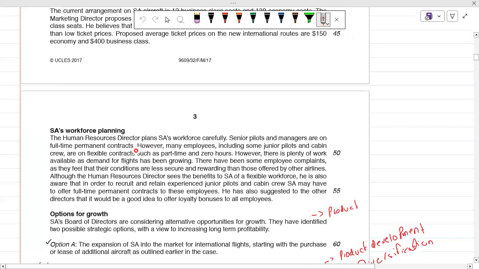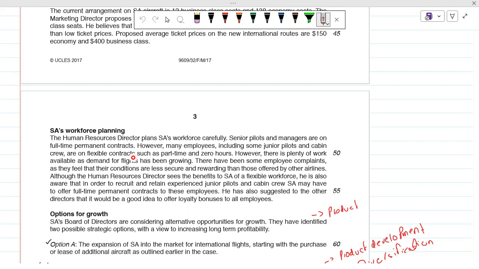I think you can read this paragraph also. Basically, the HR director plans SA's workforce carefully, and senior pilots and managers are on full-time permanent contracts. However, many employees, including some junior pilots and cabin crew, are on flexible contracts, such as part-time and zero hours.